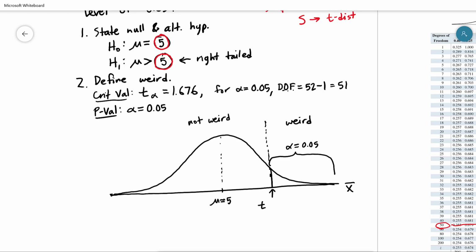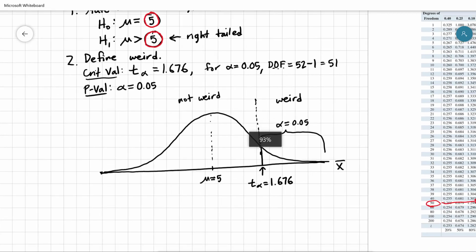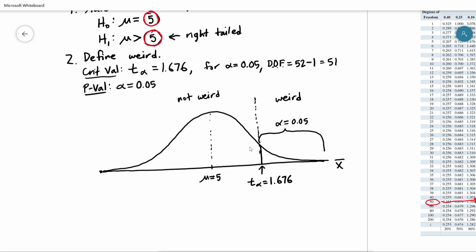So here is t sub alpha equals 1.676. That is the region that I'm considering weird. And now we just need to decide where our result falls. Is that 5.8 going to be over in this region where it's not weird, or is it going to be over somewhere in this region where it is considered weird? That is going to be the question that we look at.